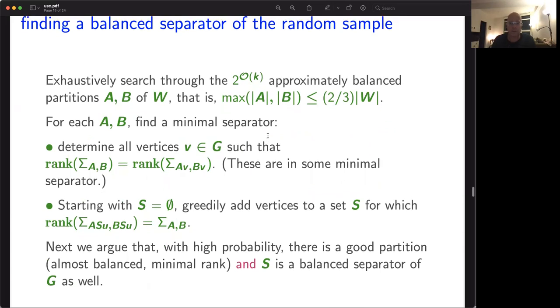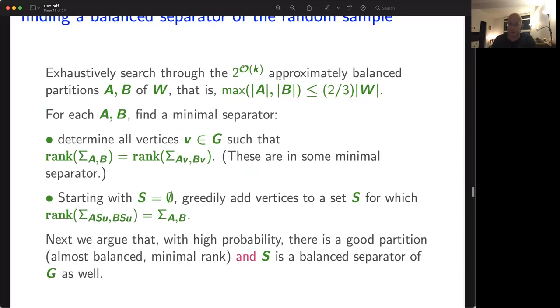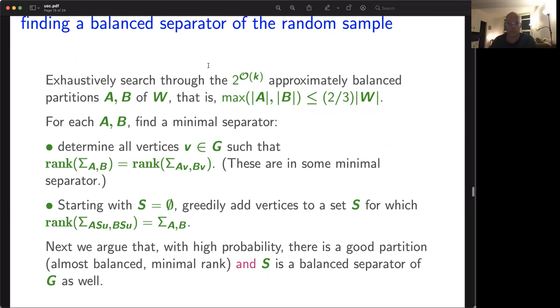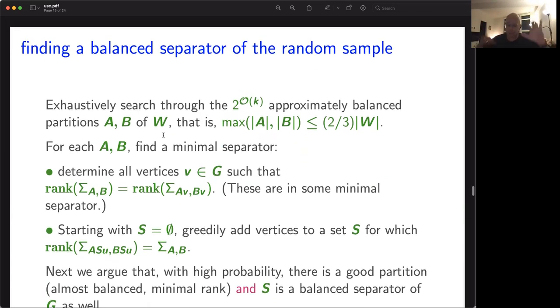All right, so this is what we do. We exhaustively search through all the approximately balanced partitions of W, these red vertices of this random sample. For all partitions of this that are approximately balanced, we find a minimal separator.